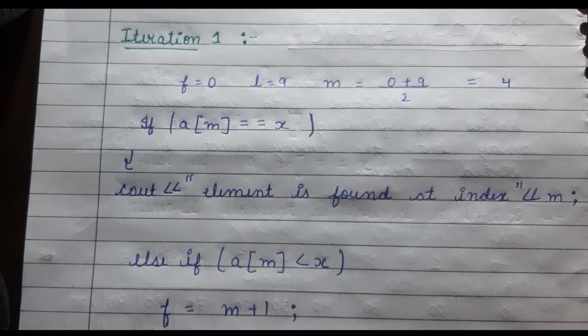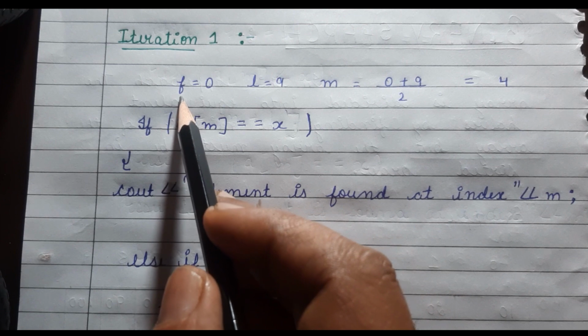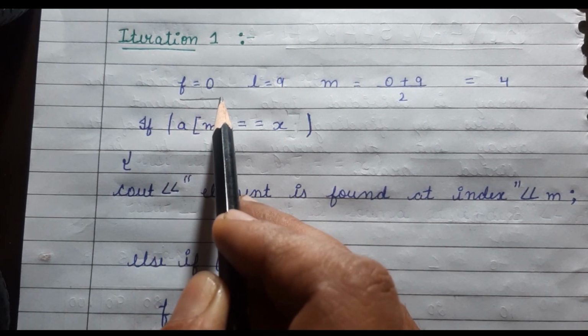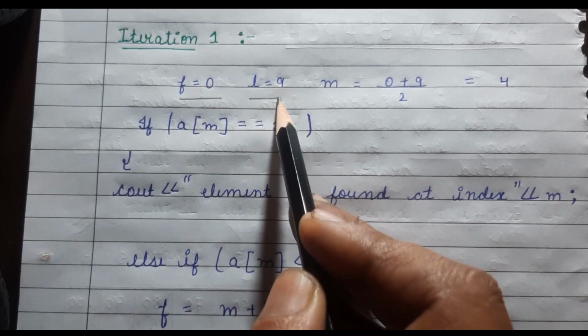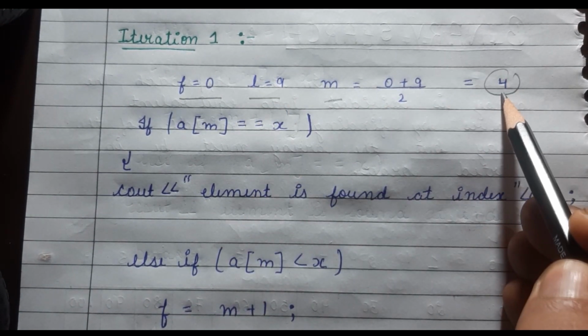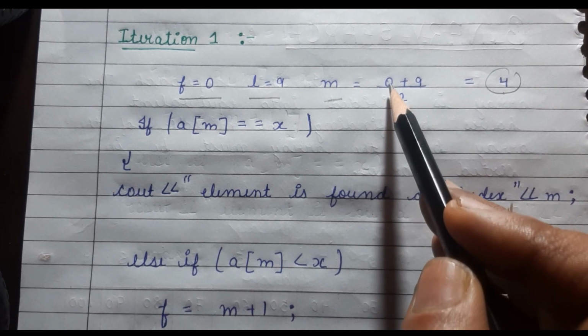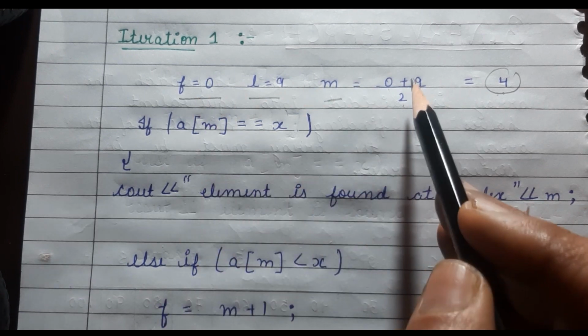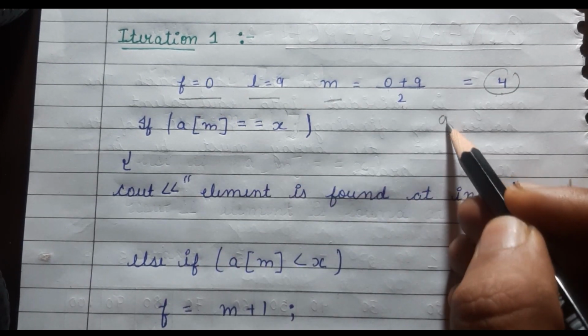This is our pseudocode. Okay, so initially at the starting time, f has a value 0, l has a value 9. Okay, so in this case, m is calculated as 4 by using the formula f plus l divided by 2. Now m has a value 4, and what is the value of a of 4?